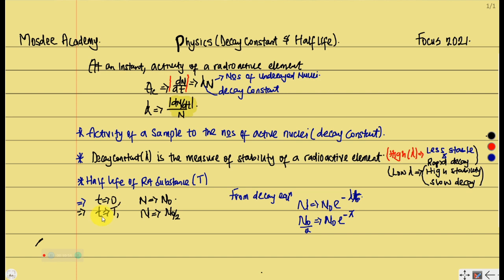At that point in time, the time is now the half-life, so I'm going to take that as capital letter T. From your mathematics knowledge, N naught gets cancelled out. What you have here is 1 over 2, which you can write as 2 raised to the power negative 1, equal to e to the power of negative decay constant lambda and capital letter T.